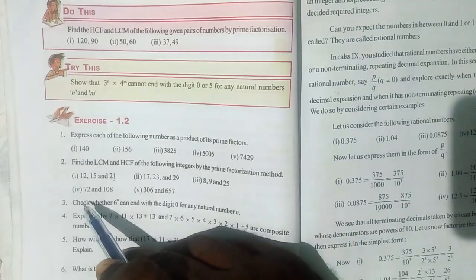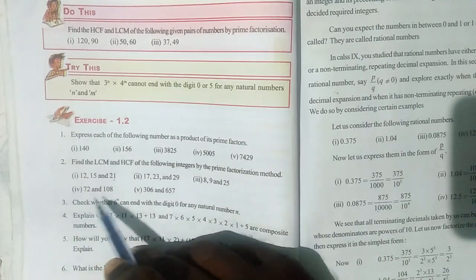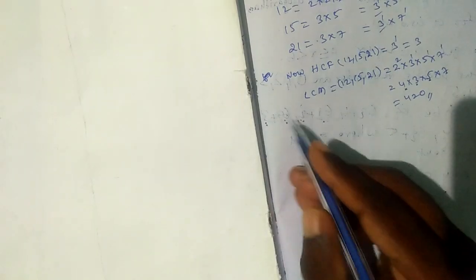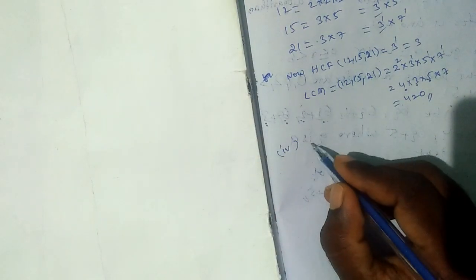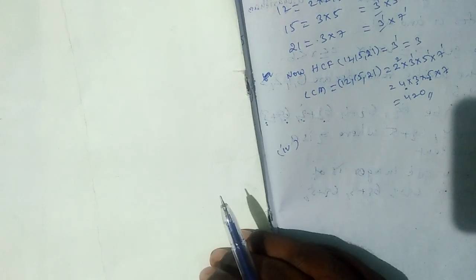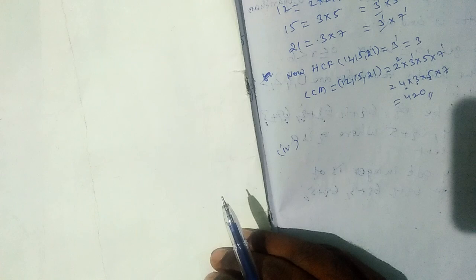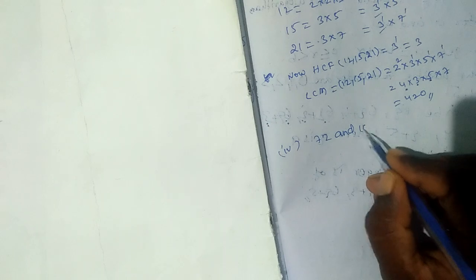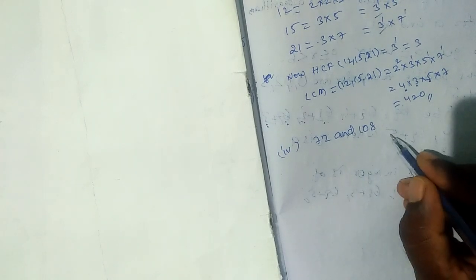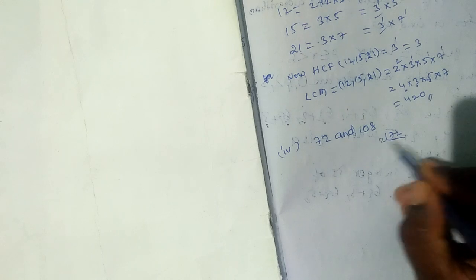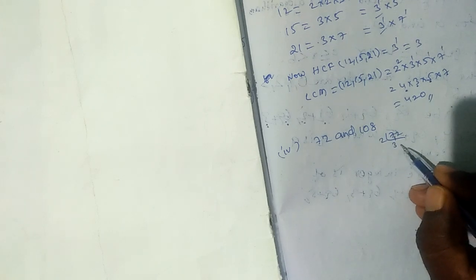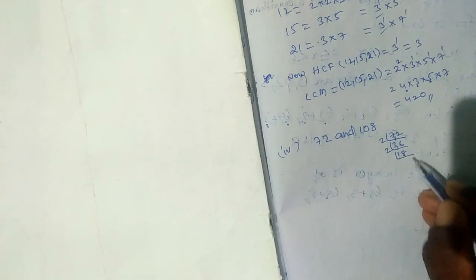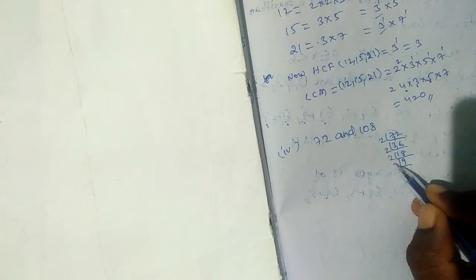So the fourth problem is 72 and 108. Find the factorization of 72. 2 3s are 6, 2 6s are 12, 2 1s are 2... 72: 2, 2, 2, 3, 3.